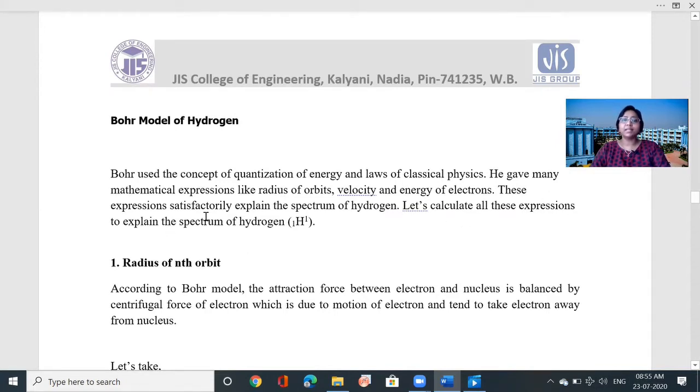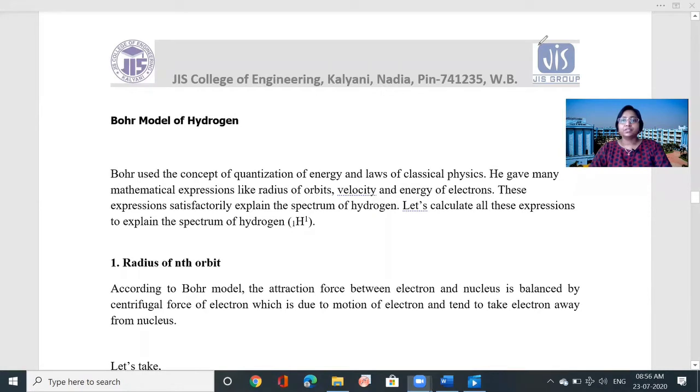He gave many mathematical expressions like radius of orbit, velocity, and energy of electrons. So what can we calculate? We can calculate the radius of orbit, the velocity, and the energy of electron. These expressions satisfactorily explain the spectrum of hydrogen. Let's calculate all these expressions to explain the spectrum of hydrogen.